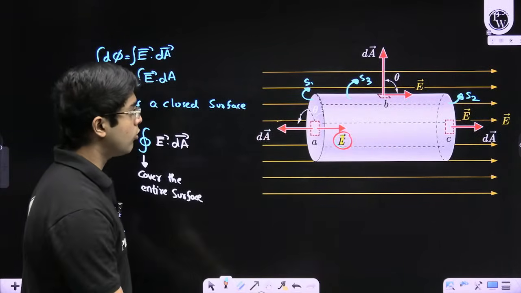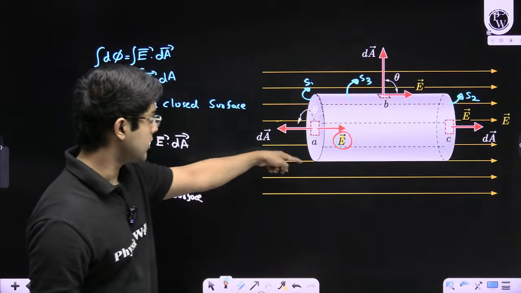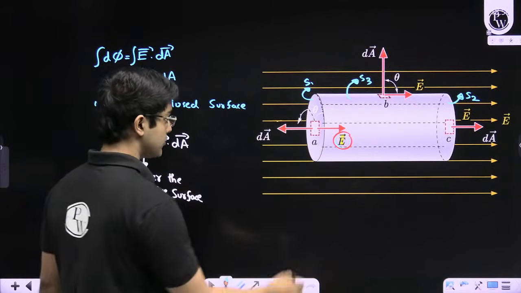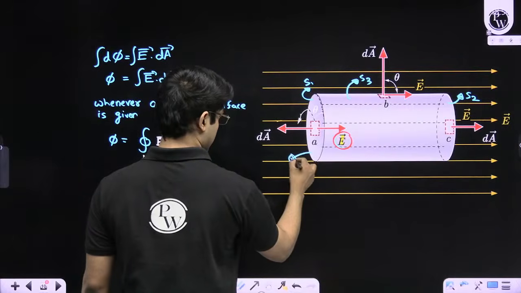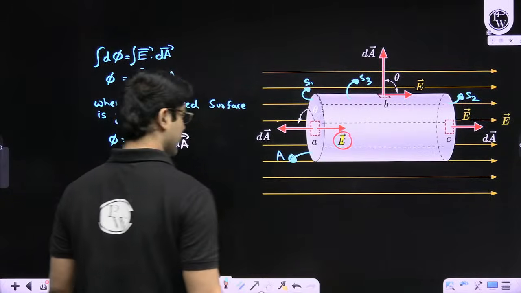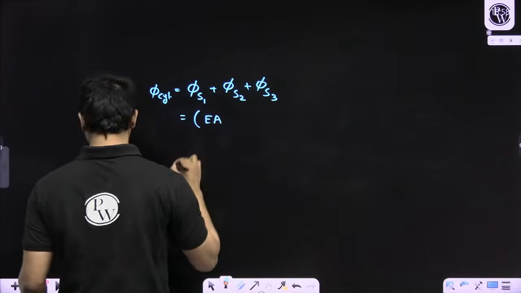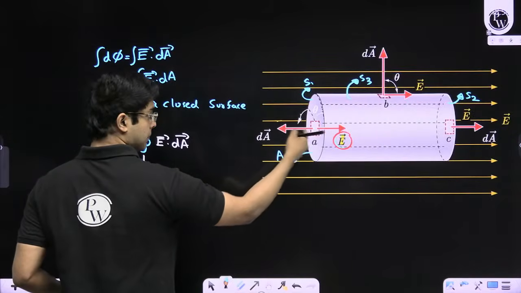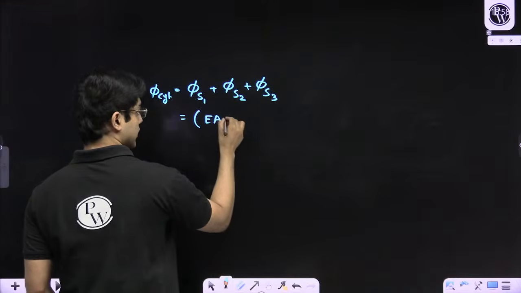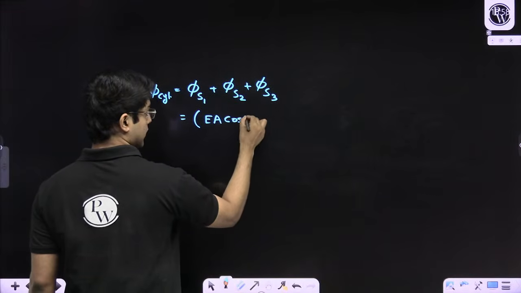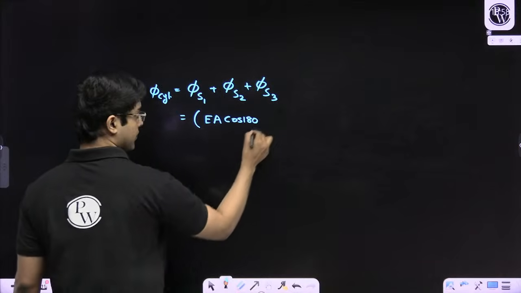Let's just say it is equal to A. It will be pi r square, but I am choosing it as A. So E into A, and what is the angle between E and A? 180 degrees. So into cos 180. This is the flux through S1.